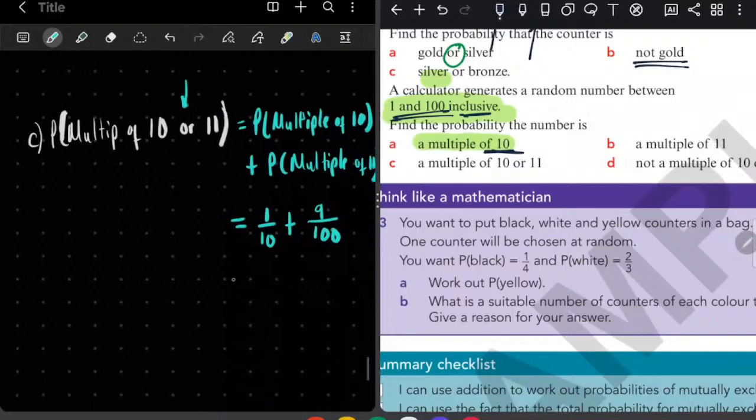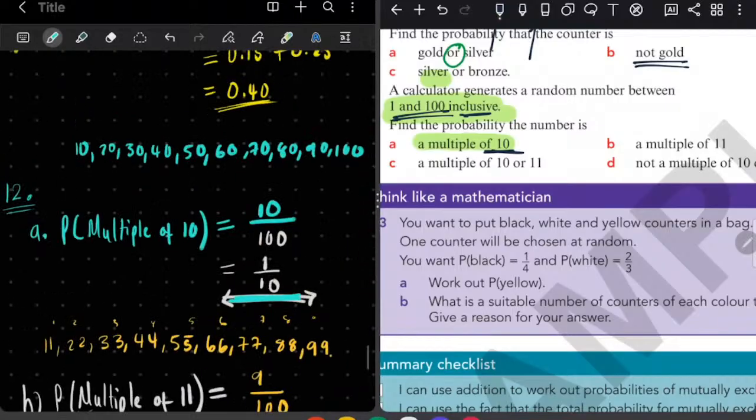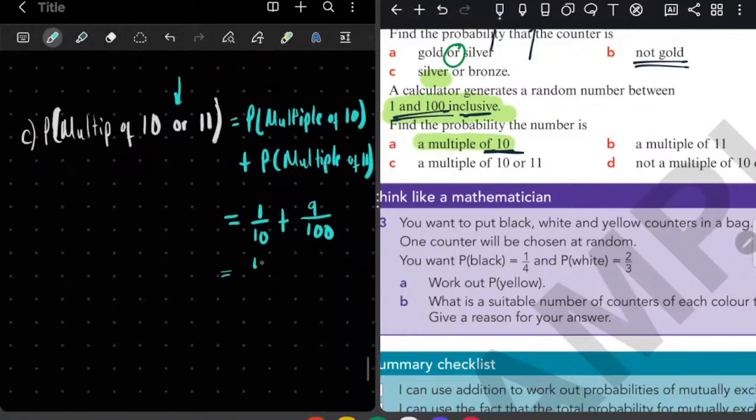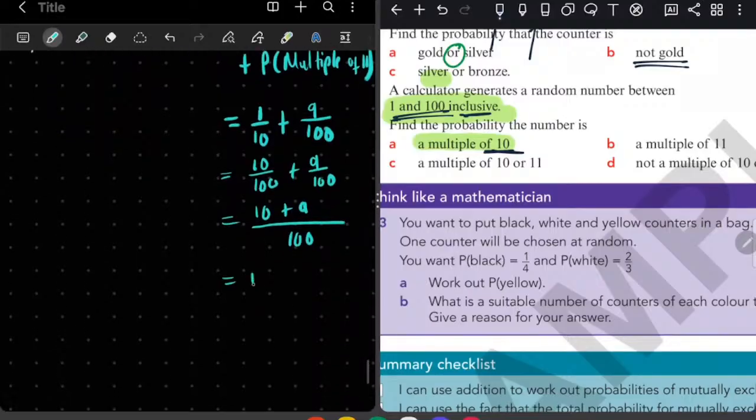And for us to add them, we should have them both being over 100. 1 over 10 was 10 over 100. So we change it back to be 10 over 100 plus 9 over 100, which will be over 100. It will be now 10 plus 9, which makes it 19 over 100. If you want, you can say 0.19 if you want to put it as a decimal.